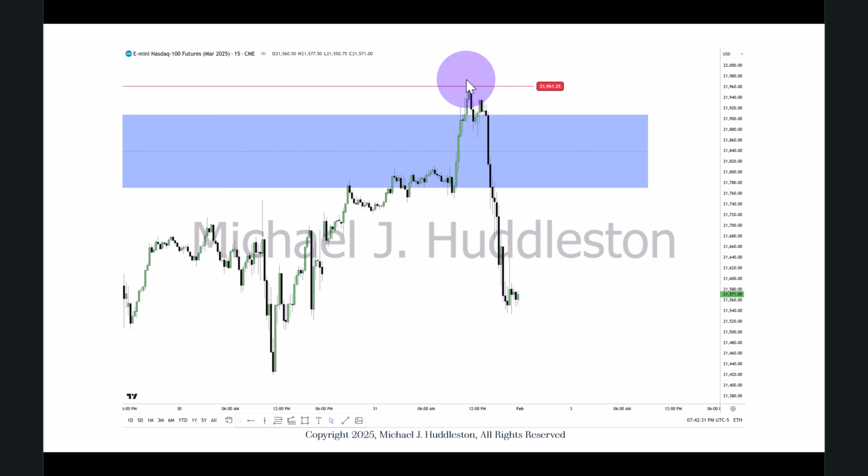So that equilibrium caused the market to turn sharply and break down and trade lower. Now there's a very obvious sell side liquidity pool resting right here. So I would not be surprised if we gap lower on Sunday. Where we settled here on Friday, we could open up significantly lower, and then attack that there.